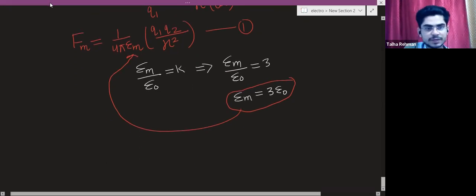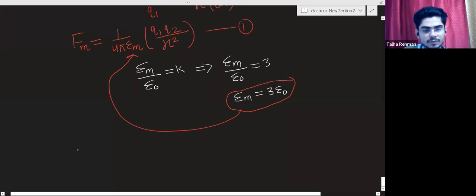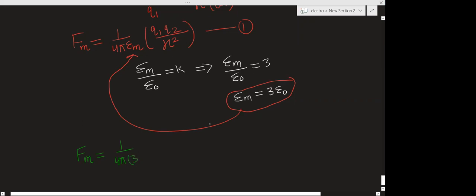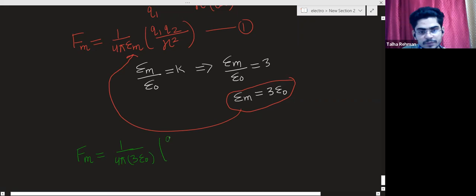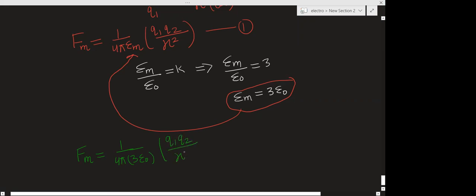So what will we get? Fm will become 1 upon 4 pi, and instead of epsilon m, what should I write here? 3 epsilon naught. And the whole story will be like this: Q1 and Q2, and this is X square. The value of K was 3, that's why it came this way.